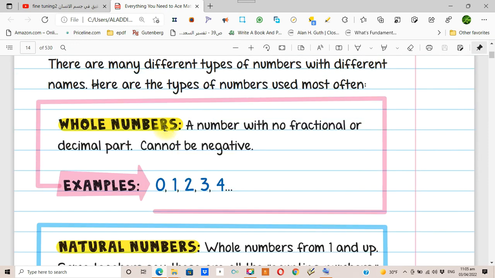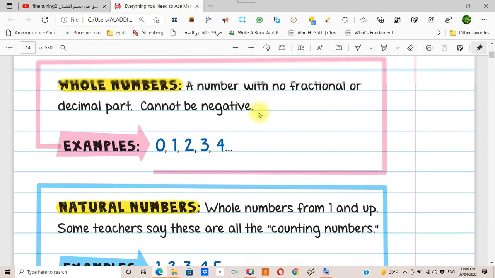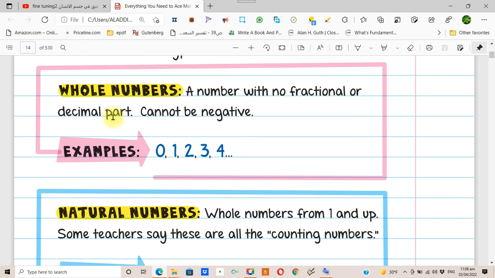This is whole numbers and this is natural numbers. The difference is that whole numbers has 0, but natural numbers we start from 1, 2, 3, 4, 5, but whole numbers we start from 0. That's the difference between whole numbers and natural numbers in the language of math.